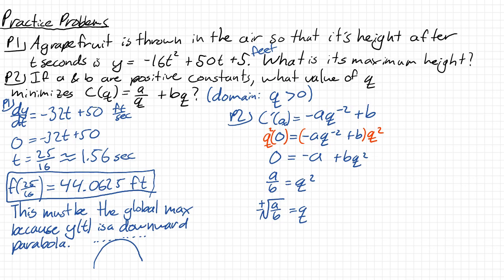But anyways, for the first one here, the derivative is negative 32t plus 50, and that's equal to 0, so you can find the critical points where the tangent line is horizontal. And that happens when t is 25/16, or about 1.56 seconds. And if you plug that into a calculator, plugging it into the original thing, you'll get 44.0625.